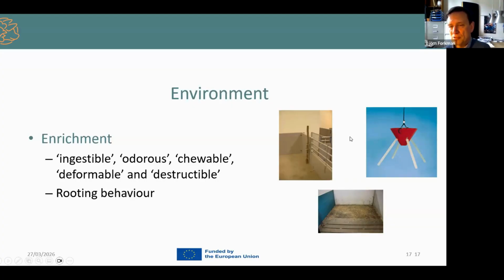So what people have started trying to do, inventing, are things like this pig right, where pigs chew on these plastic straws, or in Denmark, very popular, using a piece of wood standing in the pigsty, in the pig pen. The idea is that this type of enrichment will increase the rooting behavior of the pigs.